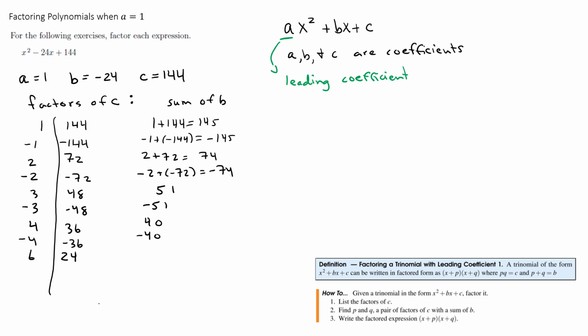So we've got 8 and 18, which gives us 26, and negative 8 and negative 18 gives us negative 26. Alright, 9 should work because 3 was working there. So we've got 9 and 16, which gives us 25, or negative 9 and negative 16, which gives us negative 25.